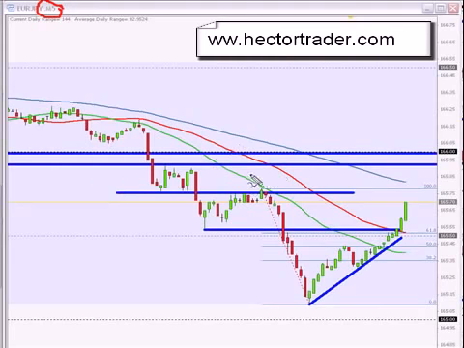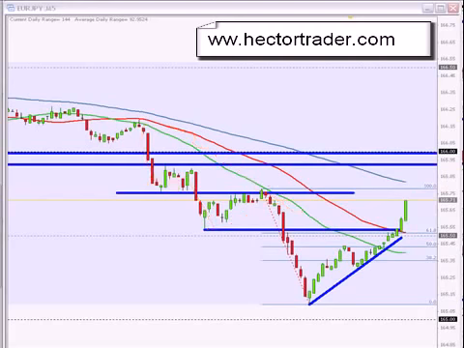Have a look here. Moving averages all pointing down, clearly a trending market to the downside. Price swings down, retraces back to the dynamic area of resistance with a confluence of elements.